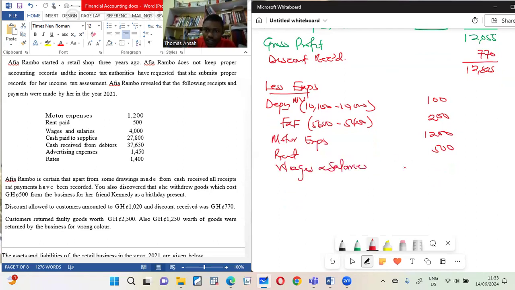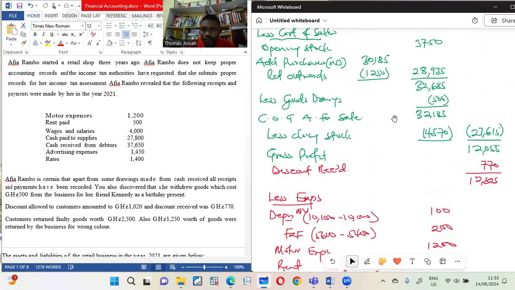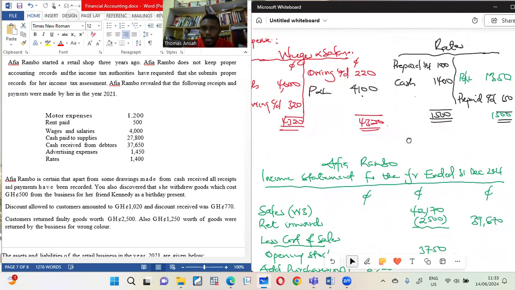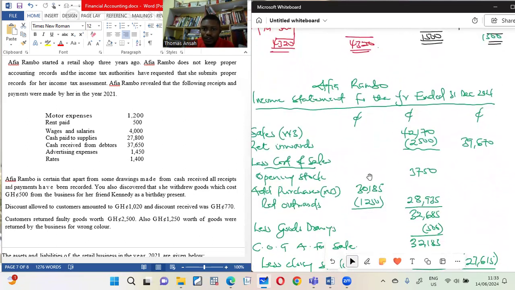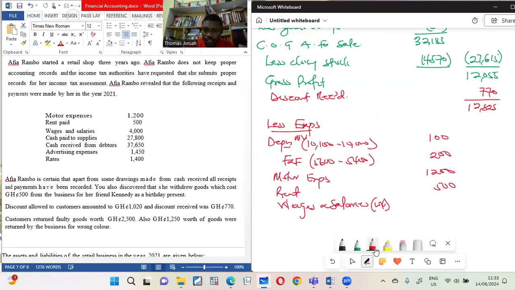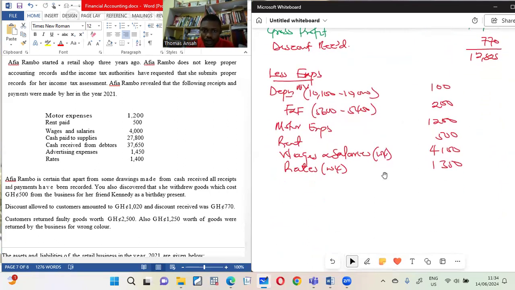In our workings for wages and salaries, wages and salaries is 4,100. Then rates is 1,350. What else haven't we done? Advertisement.